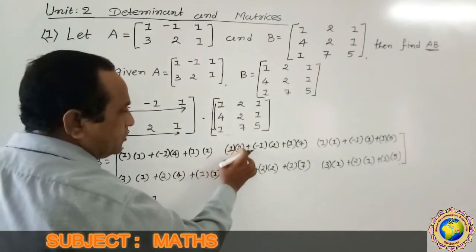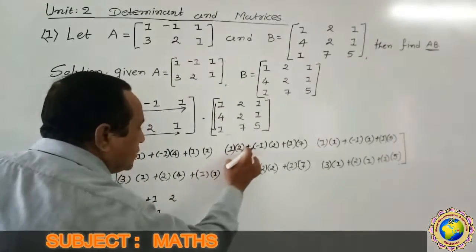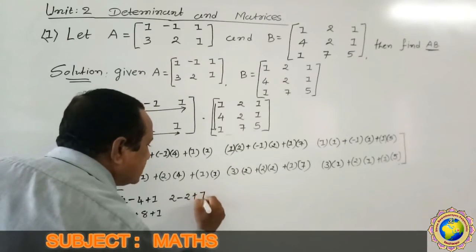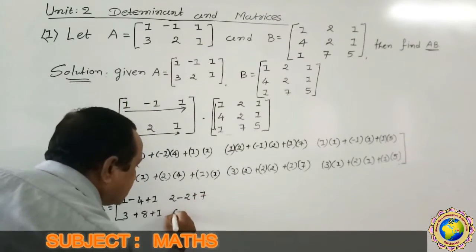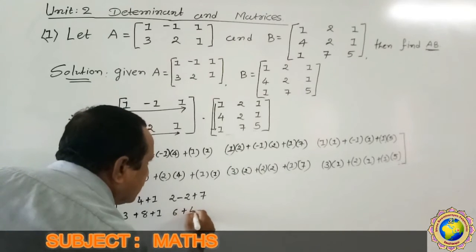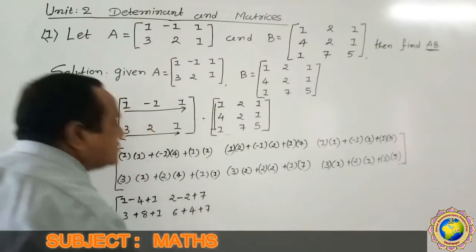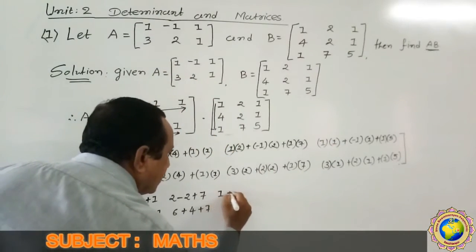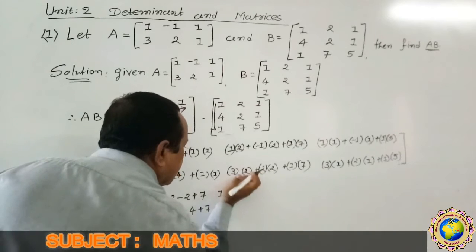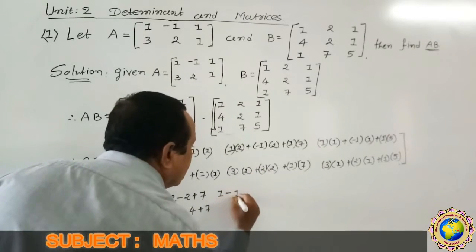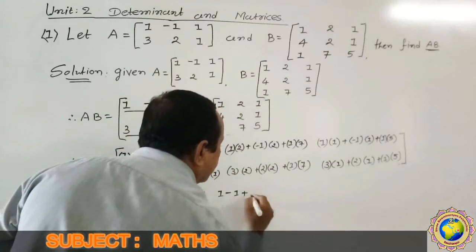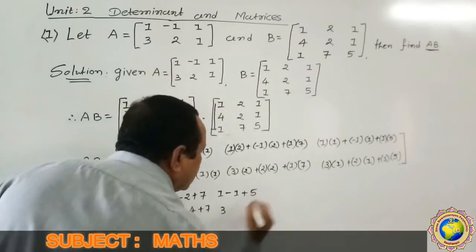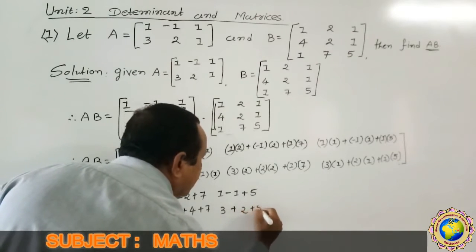Second column, 1 twos are 2, plus minus 1 twos are 2, plus 1 sevens are 7. Now 3 twos are 6, plus 2 twos are 4, and 1 seven is 7. Now third column, 1 times 1 is 1, plus minus 1, plus 1 times 5, that is 5. 3 times 1 is 3, plus 2 and 5.